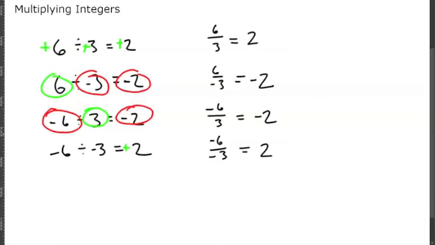Let's look at one more example. Say that you're given more than just two numbers. Say you have 6 divided by 3 divided by 2. And let's say one of these is negative.